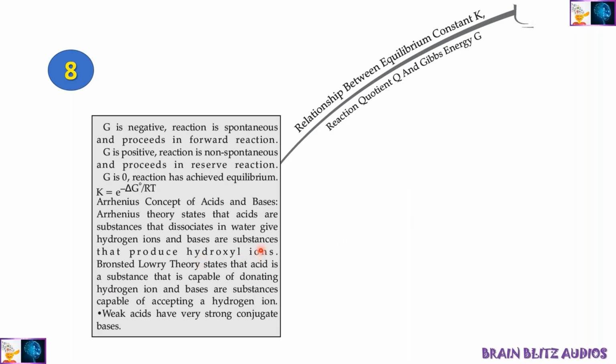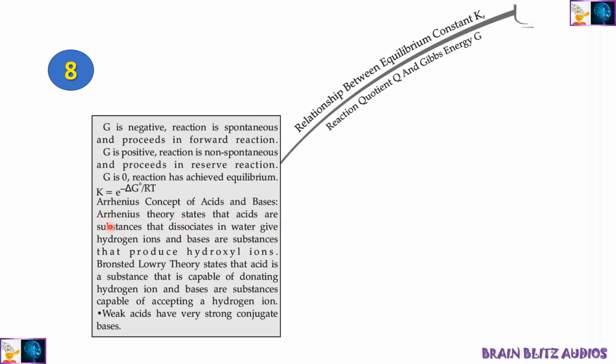And bases are substances that produce hydroxyl ions. Hydroxyl is OH-. Suppose you have sodium hydroxide and you dissolve it in water, you get hydroxyl ions. So that is the basic concept of Arrhenius. He devised this test for distinguishing acids and bases.